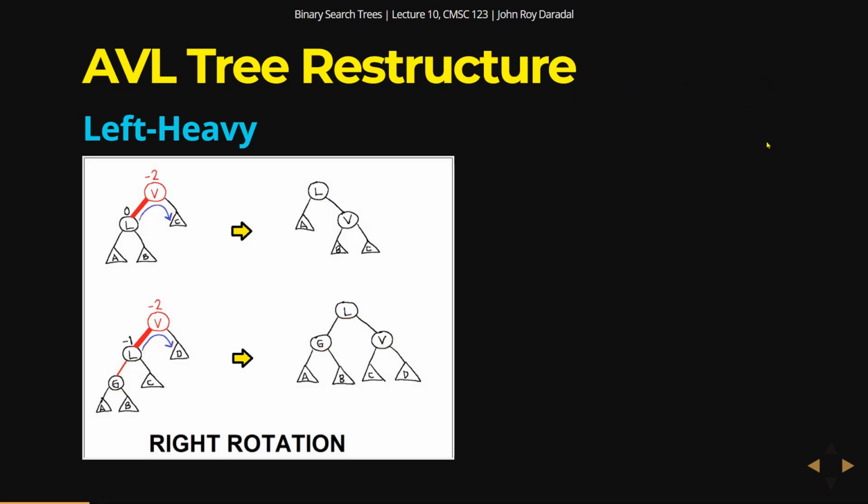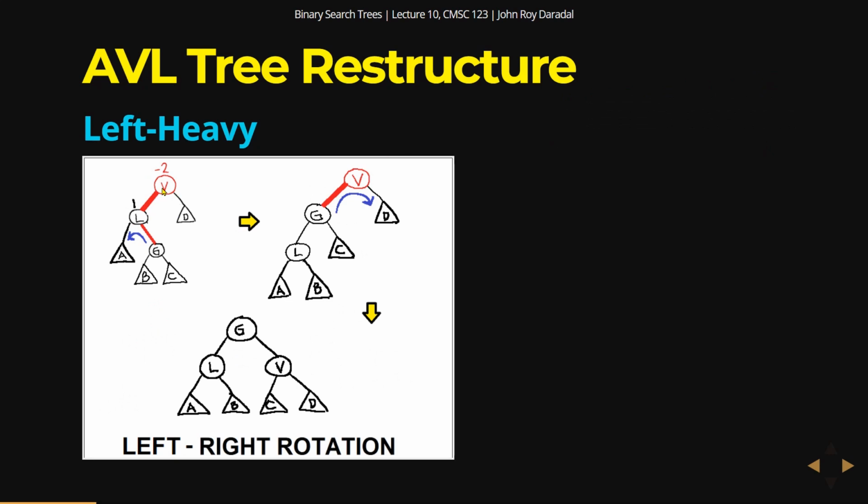Now, how about if it's also left heavy, so the violating node still has a balance factor of -2, but the left child is right heavy? So it's -2, and the balance factor of the left child is 1, so it's right heavy.